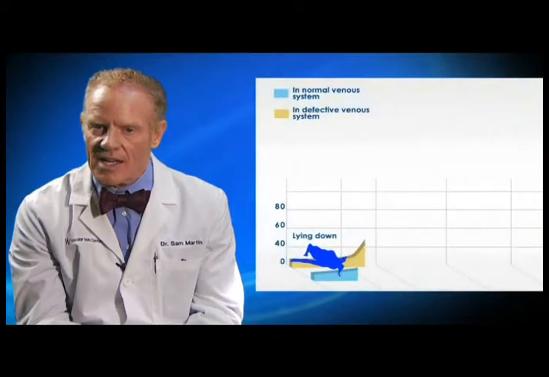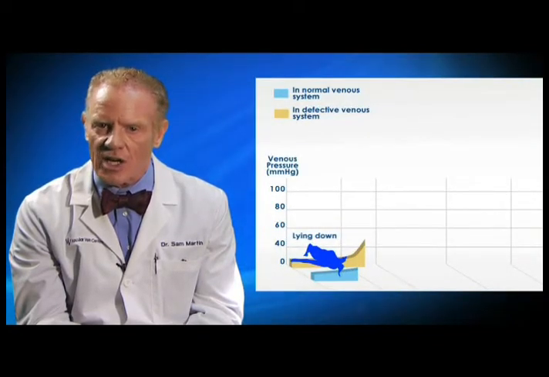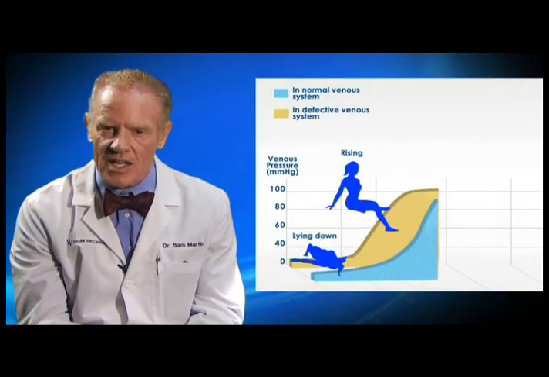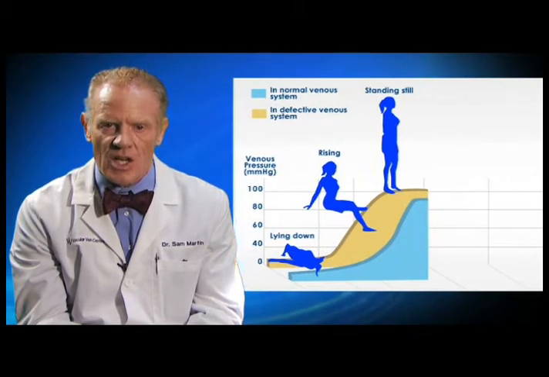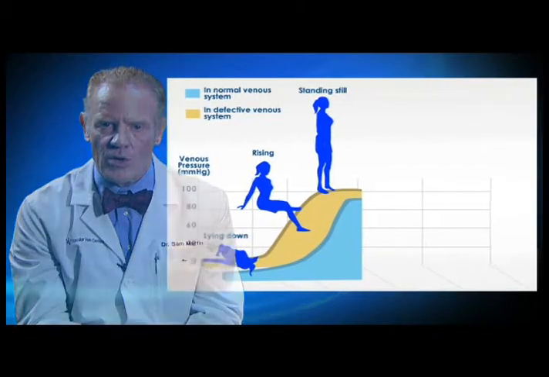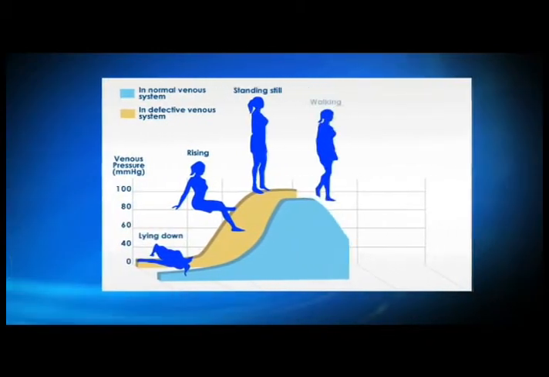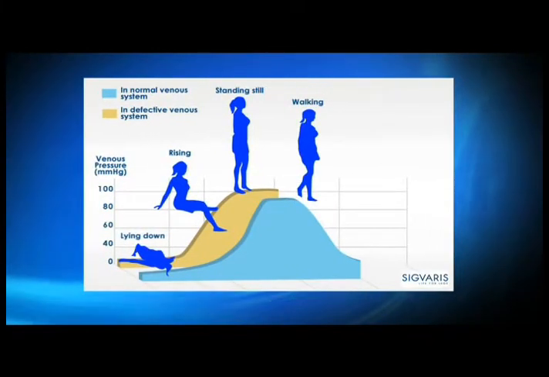When you are lying, the pressure in your legs is very low. When you stand, the pressure in the veins of your lower leg can increase up to 90 millimeters of mercury pressure. Walking activates the muscles of the calf, often referred to as the venomotor pump. This compresses the deep veins and pushes blood to the heart, lowering the pressure in the leg.